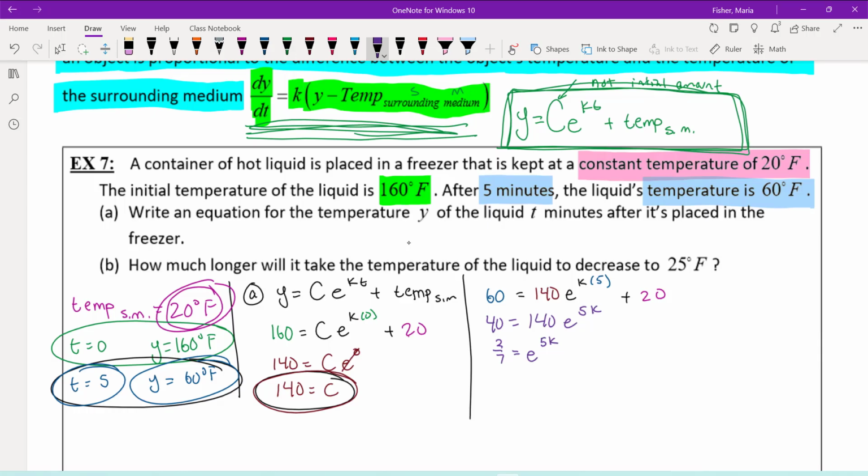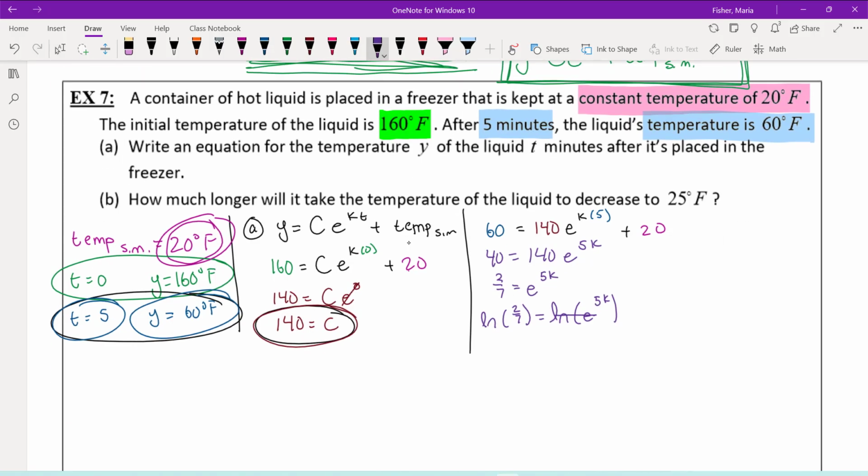Taking the natural log of both sides to solve for k, we end up with the natural log of 2/7 is equal to the natural log of e raised to the 5k. Well, here natural log and e will cancel, and we just have that the natural log of 2/7 is equal to 5k. Solving for k, we get k is equal to the natural log of 2/7 all over 5.